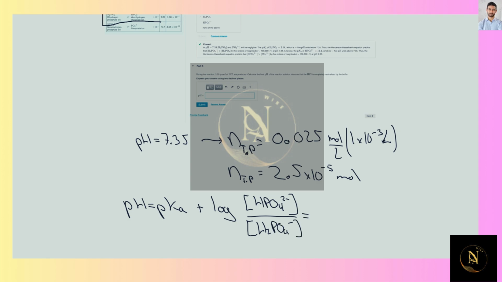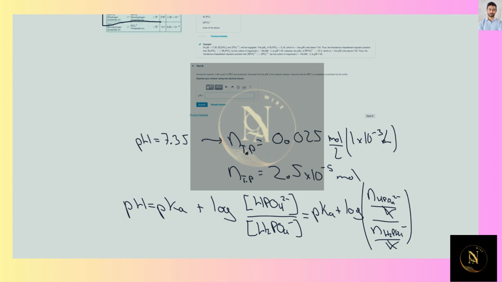We can replace the concentrations by number of mole divided by volume because we know that the volume is going to stay the same. So amount of mole of HPO4 2 minus divided by volume divided by amount of mole of H2PO4 minus divided by volume.